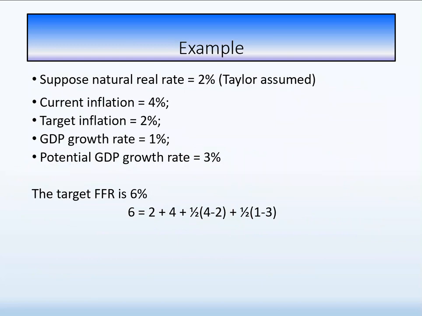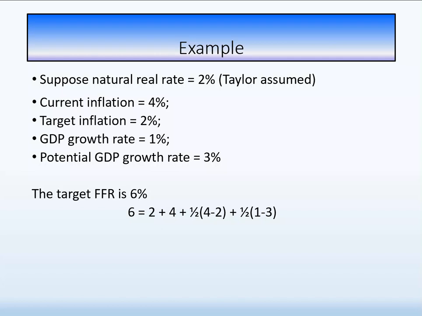Let's suppose the natural real rate is 2%, as Taylor assumed, the current inflation rate is 4, target inflation is 2, and that 2% target inflation rate is where the Fed is now. Let's say that GDP growth is only 1%, and potential GDP growth, assuming no business cycle, is 3%.